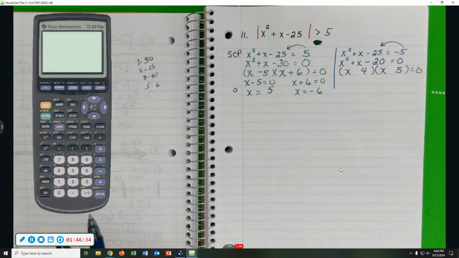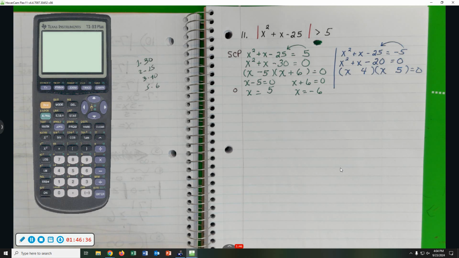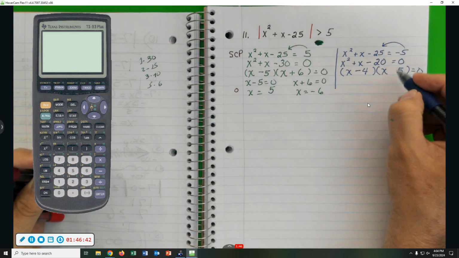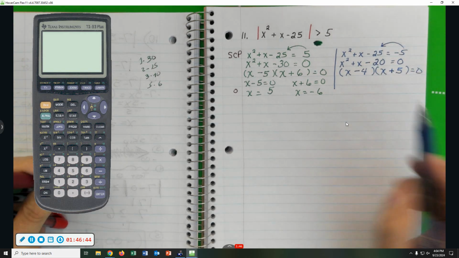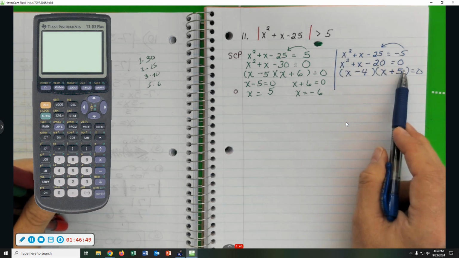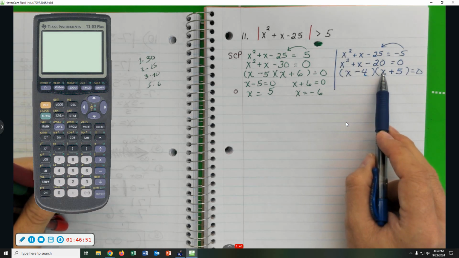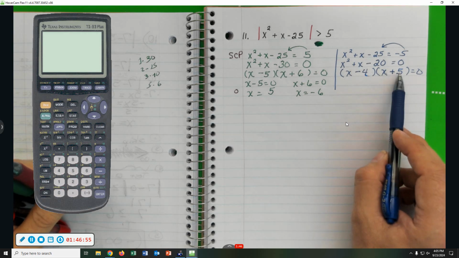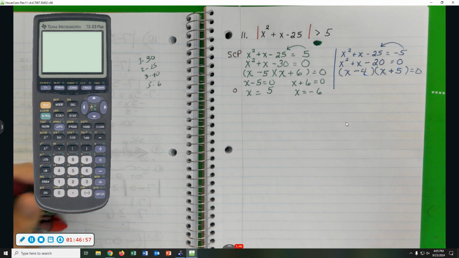Where are we going to put the plus? Where will we put the minus inside those parentheses? Negative 4 and a plus 5. If we FOIL that out, we'd have x squared and then a plus 5x and a minus 4x. That gives me the plus x. And then negative 4 times 5, negative 20. So we factored it correctly.